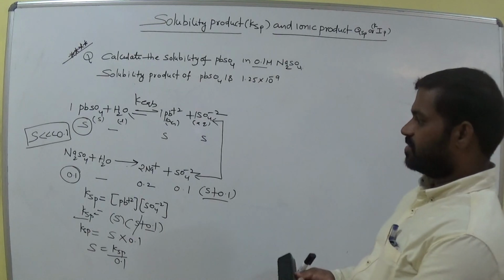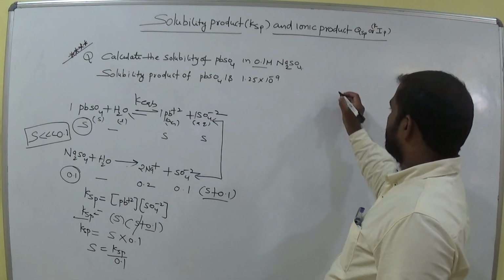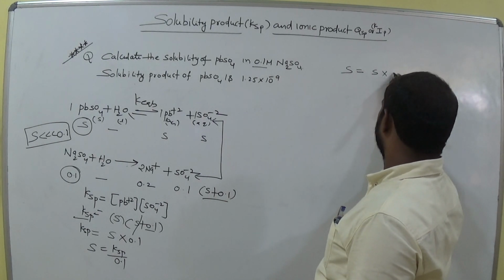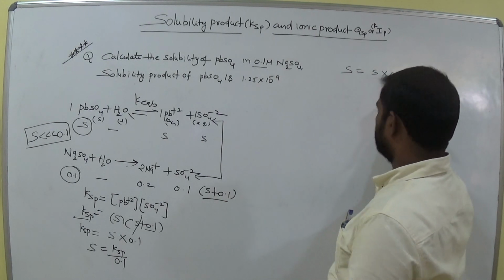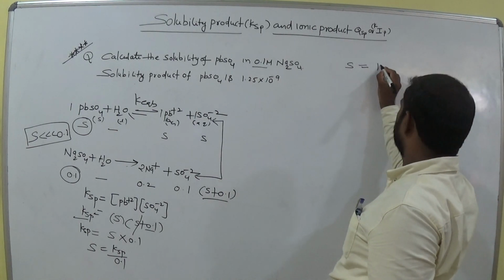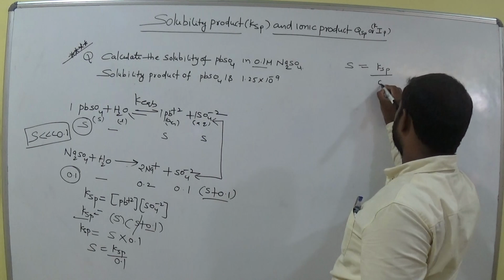Therefore, S is equal to KSP by 0.1. Finally, we got S equals KSP by 0.1.